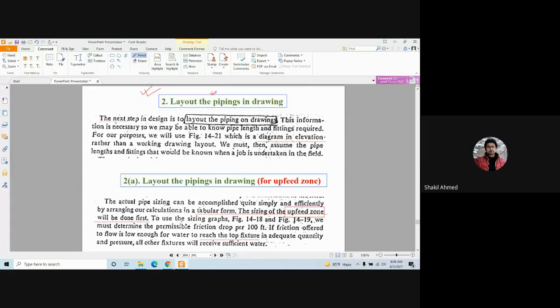So the next step in design is to lay out the piping on drawings. That means draw their location and sizing on drawing. So first of all, you need to design it. So this information is necessary. We may be able to know the pipe length and fitting required. For our purpose, we will use figure 1421, which is a diagram in elevation.